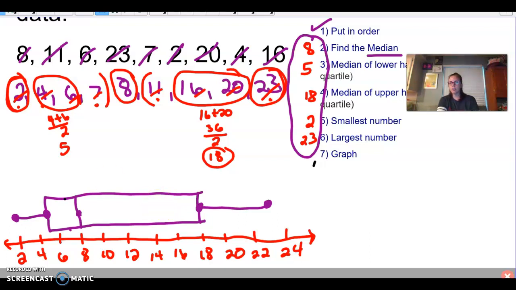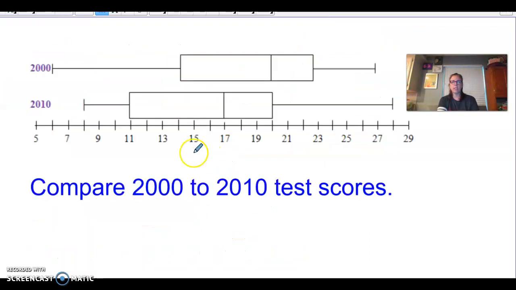Now, you do not have to draw these. I'm just going to talk to you about these. Here's an example. You may compare 2000 and 2010. Maybe it's a quiz score.